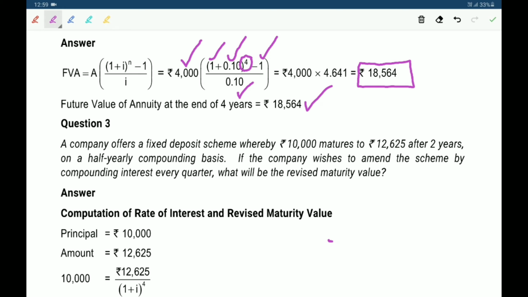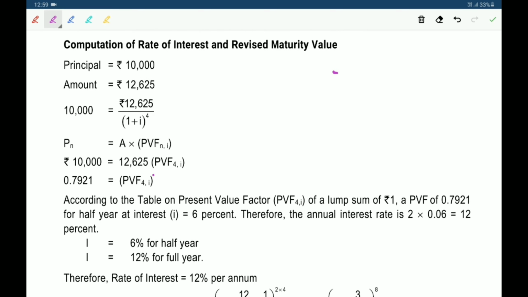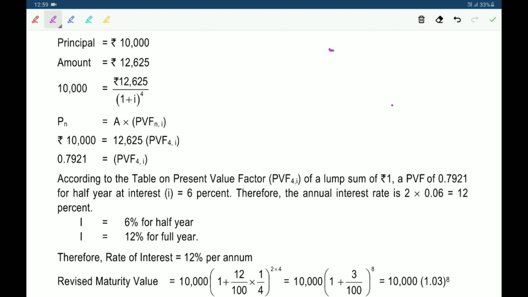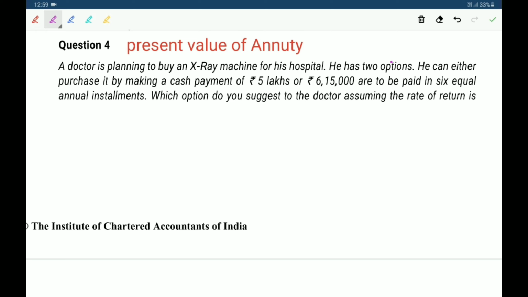Okay, the third problem involves annuity table also, that's why we discuss it last. Next, the fourth problem. A doctor is planning to buy an X-ray machine for his hospital. He has two options.